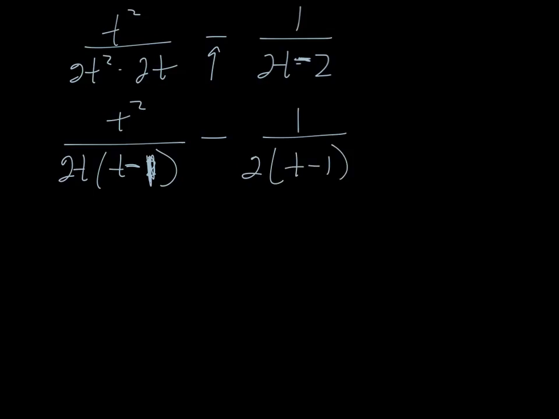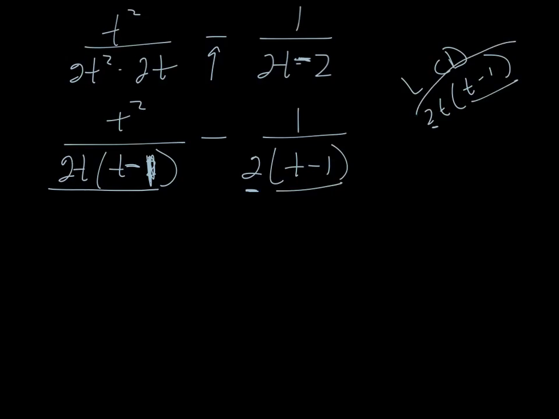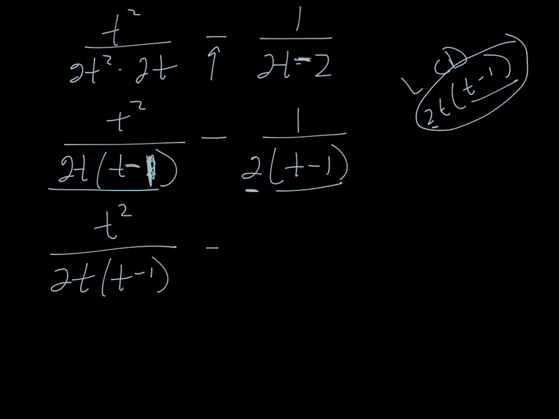So to look for my lowest common denominator, it's got to have this in it. So it has to have 2t and a t minus 1. And then I look over here. Do I have a 2? Yeah, done. Do I have a t minus 1? Yeah. So just that piece is my lowest common denominator. So we'll leave the first one as is, t squared over 2t times t minus 1. And then the next one also has to be 2t times t minus 1.